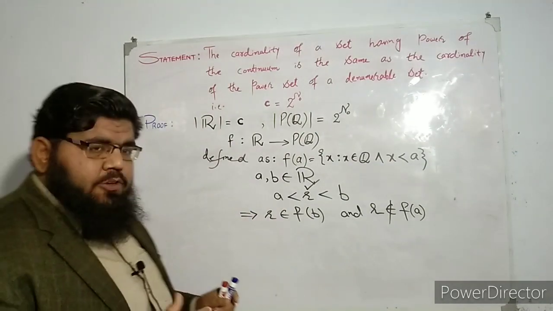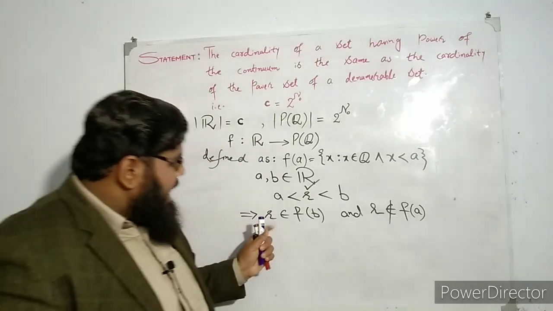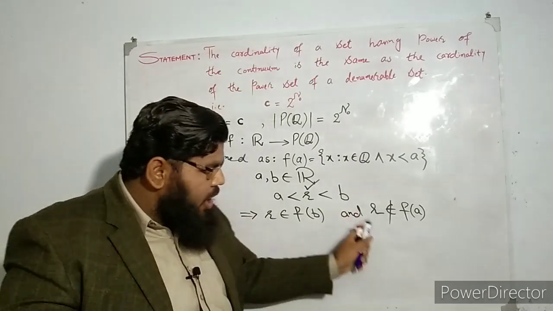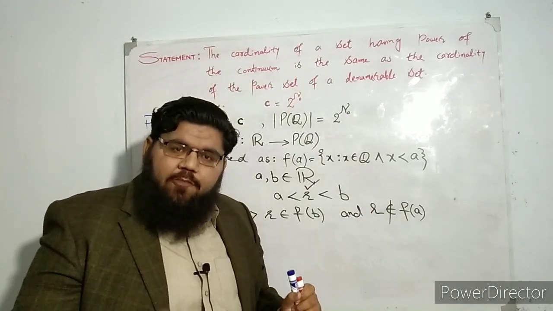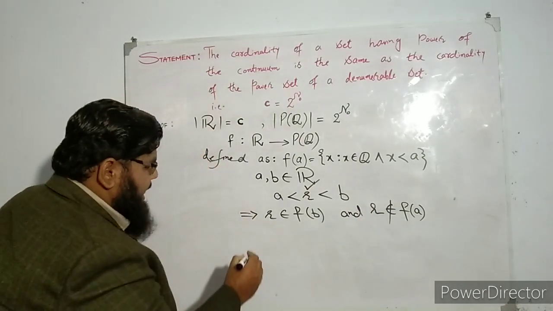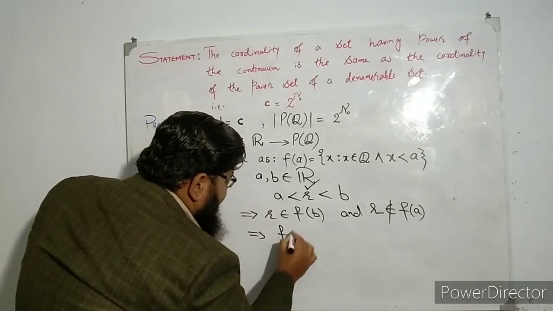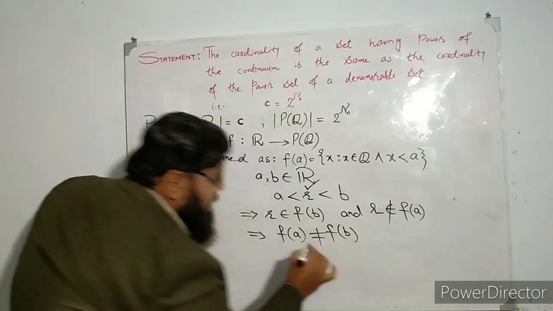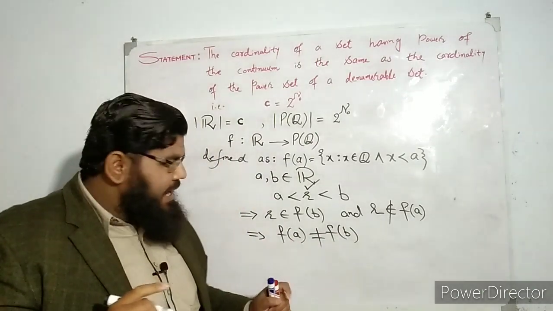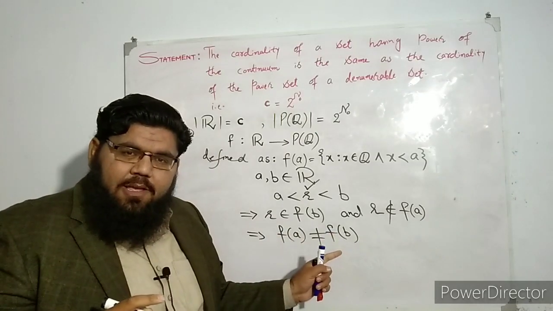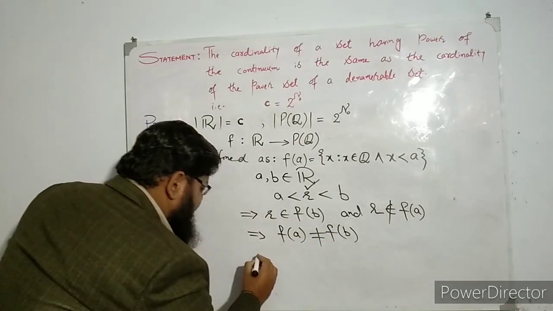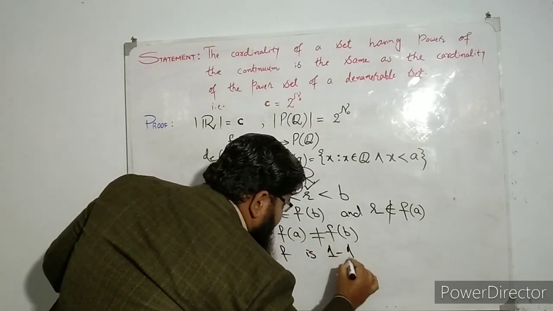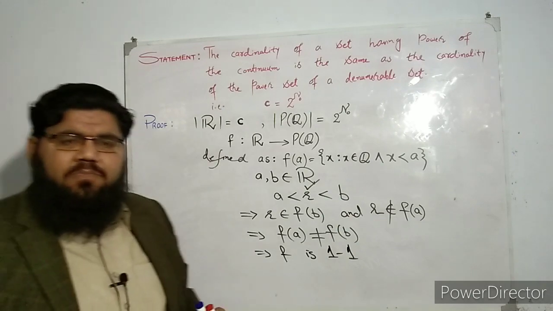So you have shown that a number r belongs to f of b but does not belong to f of a, which finally helps us understand that f of a and f of b are not equal. And if they are not equal, this implies that the function f is one-to-one.